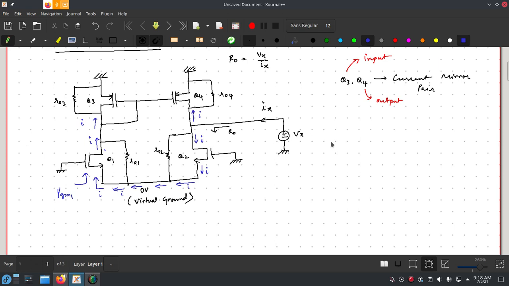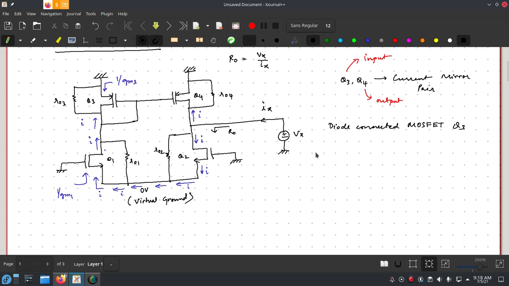If you look at Q3, a diode connected MOSFET, from the source I see an impedance 1 by GM3 in this direction.